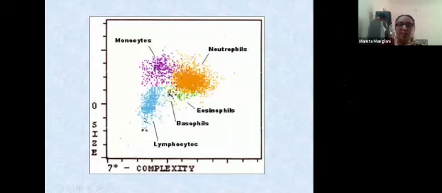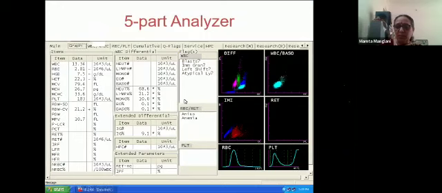Whereas lymphocytes are simple, non-complex, and smaller in size compared to monocytes. So monocytes are also less complex, but they are larger than lymphocytes. So here you have lymphocytes, here you have monocytes, here you have neutrophils, and here you have eosinophils. Just if you look at the scattergrams, you will know.